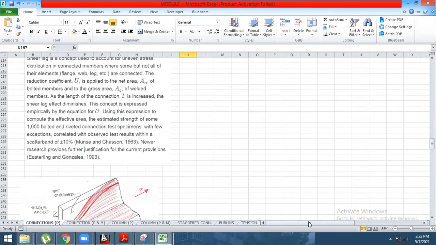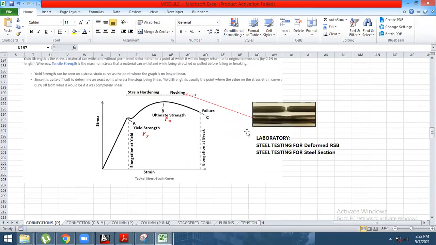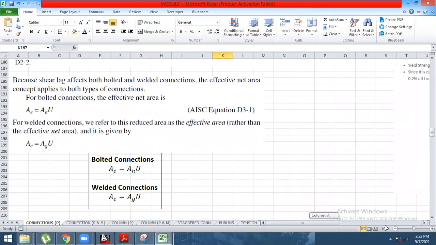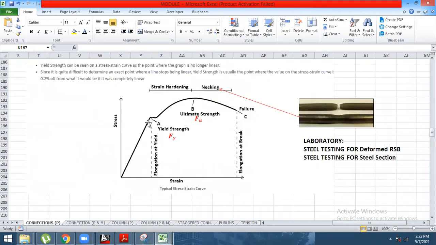For solving the problem, this is the discussion for the strength of the material. Let's go back a little. That is Fy, the yield strength, the strength wherein a certain material can still go back to its original orientation. Say for example, this rebar is being tested in a universal testing machine, pulling this steel bar.